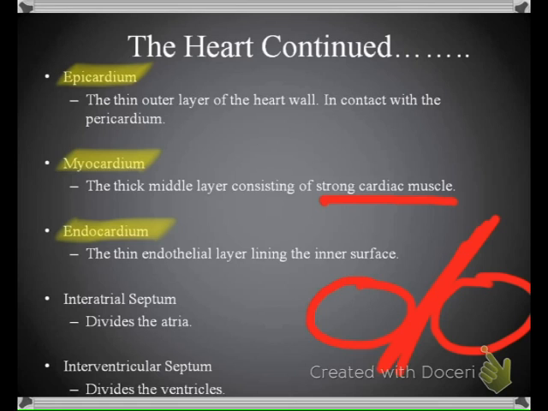If we think of this as right and left, we have a wall that separates the ventricles from each other. That's something to keep in mind, and we'll see this exhibited really well in CT images in the future.